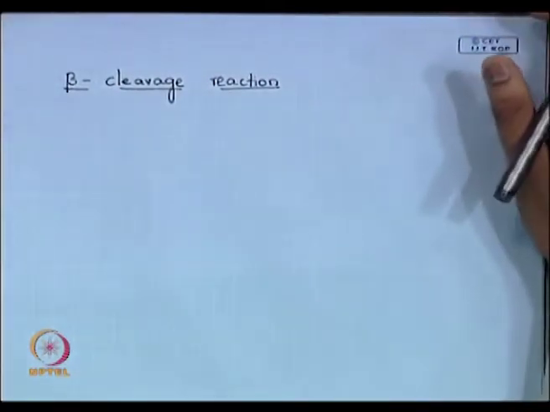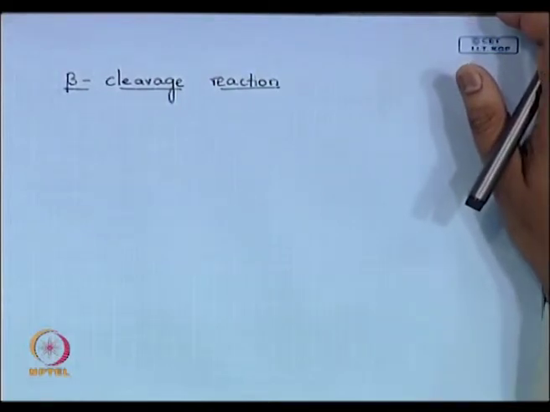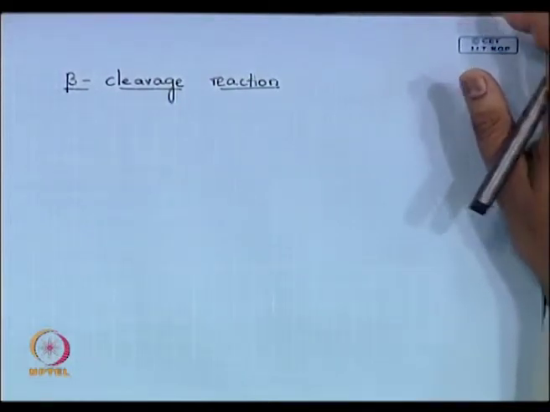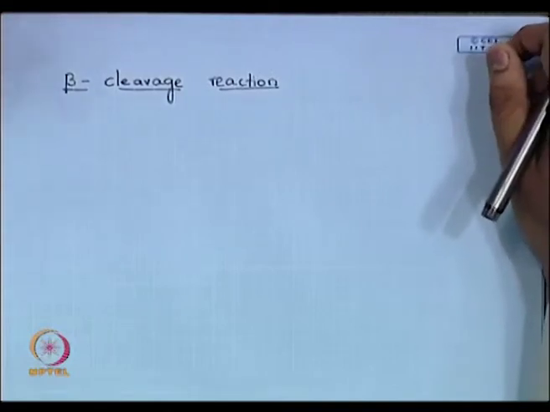As in the case of carbonyl compounds, if you have a carbonyl compound in which your C alpha and C beta bond are weak, that type of carbonyl system can undergo a beta cleavage reaction.